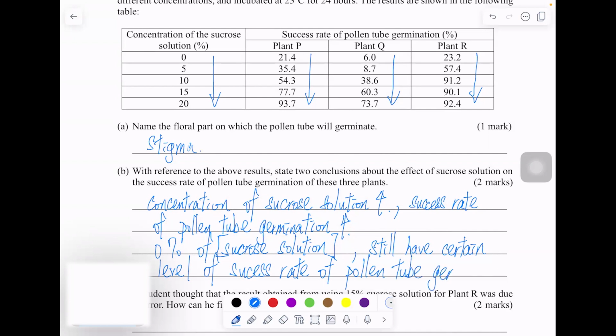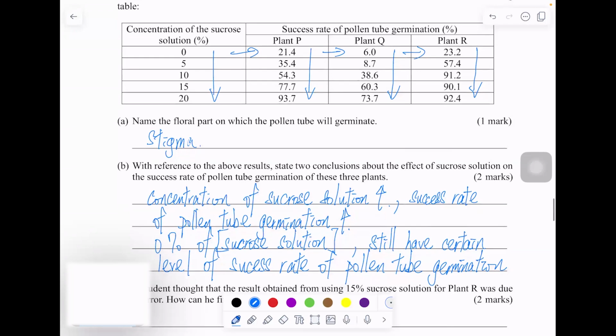Even though we minimize to 0% sucrose solution, meaning it may be completely water, we can see that there is still a success rate. A certain percentage of the pollen tubes still germinate.